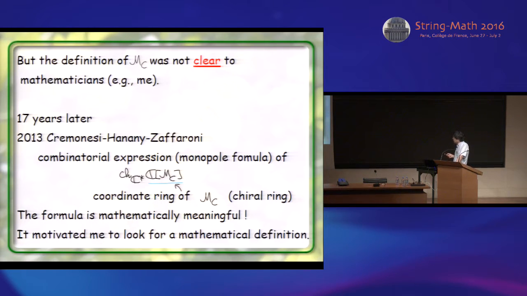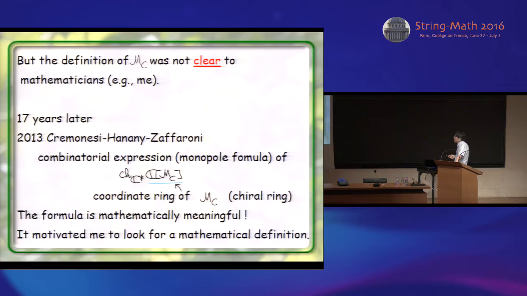So maybe I should explain. This M_C is, as I said, a hyperkähler manifold, but it has a natural algebraic structure. So I consider the ring of algebraic functions on this Coulomb branch. This is called the chiral ring in the physics literature. Then, as I said, on M_C you have an SU(2) action rotating the hyperkähler structure. And if I pick a particular complex structure, then there is a U(1) inside SU(2) preserving this complex structure.